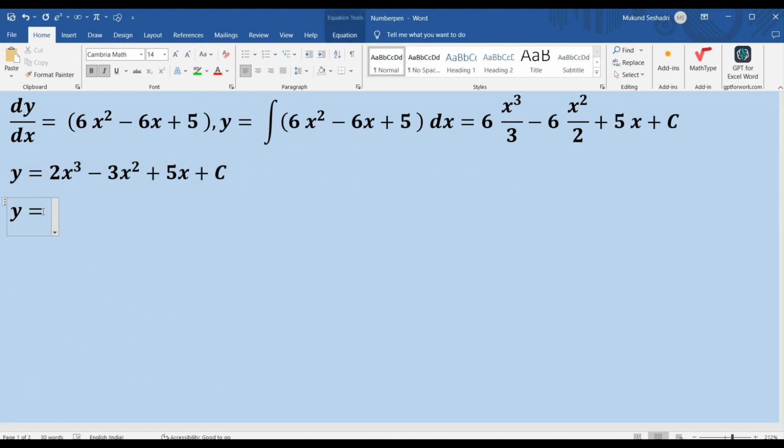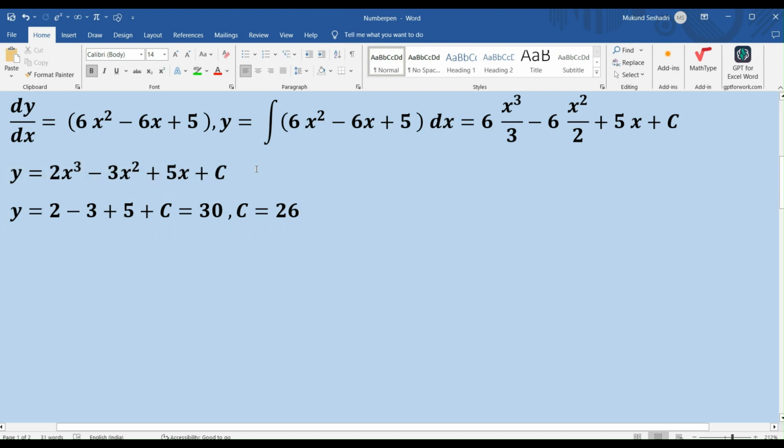When my x equals 1, my 2x cubed becomes 2, my 3x squared becomes 3, my 5x becomes 5, plus c is equal to 30, which means that I have my c equal to 30 minus 4, my c is 26, right? So that's how I solve for my c.